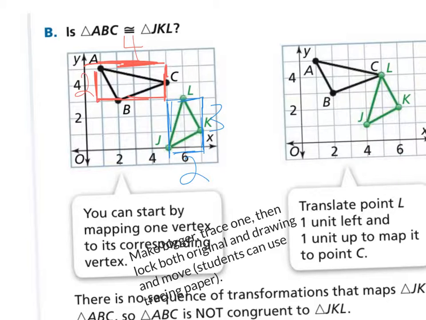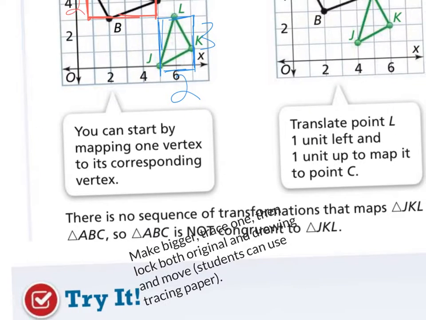If we box in JKL, we have a 2 by 3 rectangle. So there's no way those are going to be the same size as each other, so they cannot be congruent. Again, you could trace it and try to rotate it, flip it, anything that you can do, but ABC is just a bigger triangle than JKL, so that's not going to be congruent.